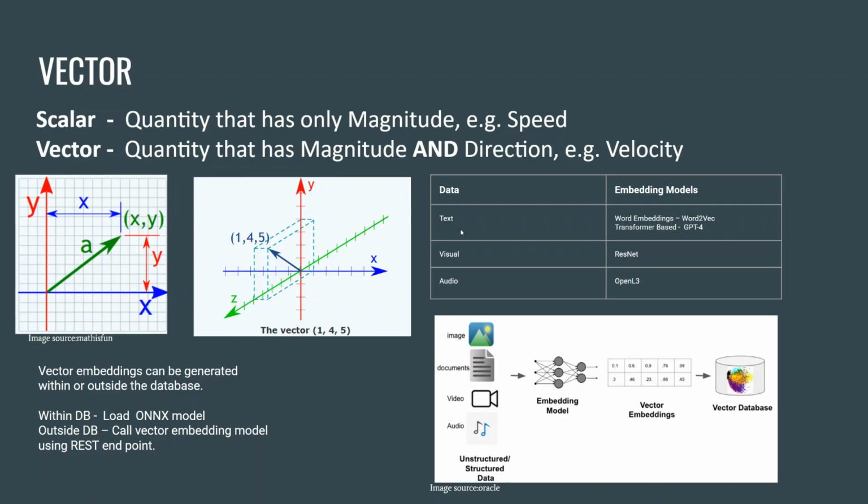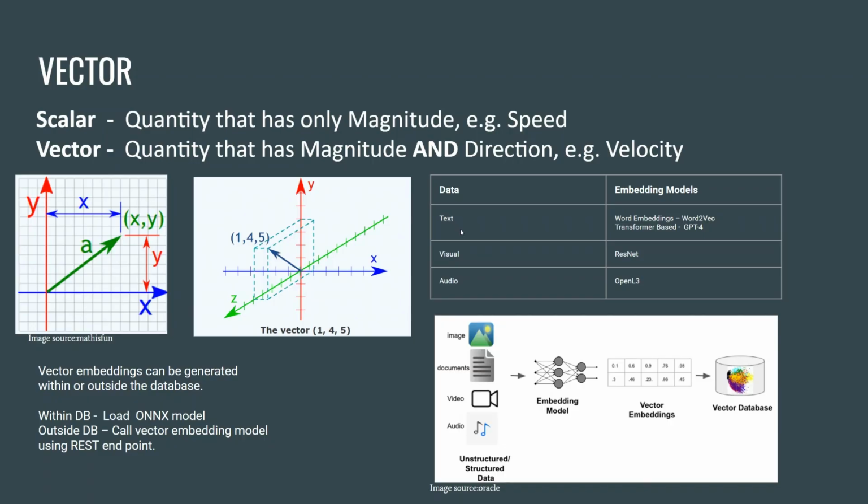And visual data, images or videos, are embedded using deep learning models such as residual neural networks, ResNet.